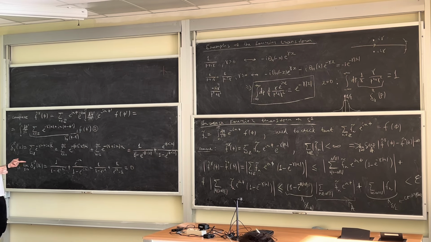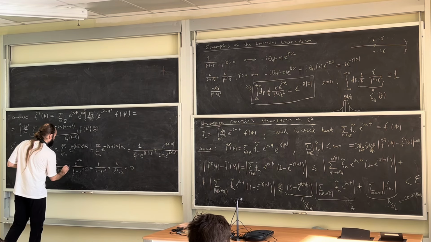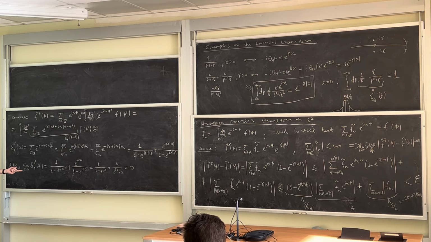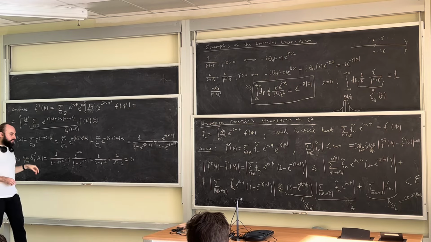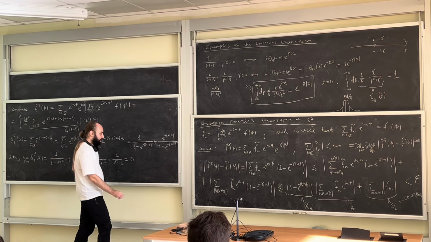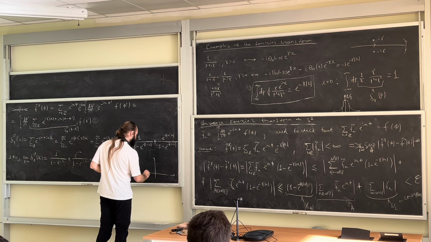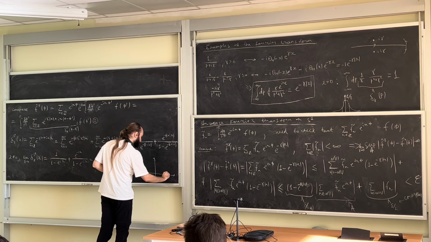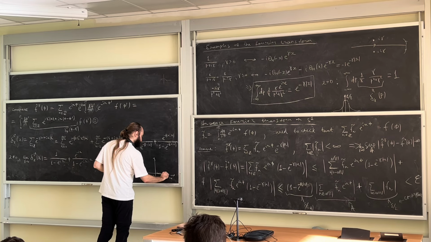So this is what we could expect if it was a delta function. So we know that the limit of this function from 0 to 2 pi goes to 0 here.